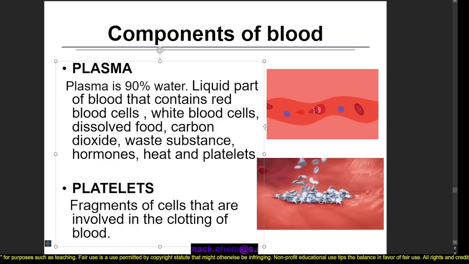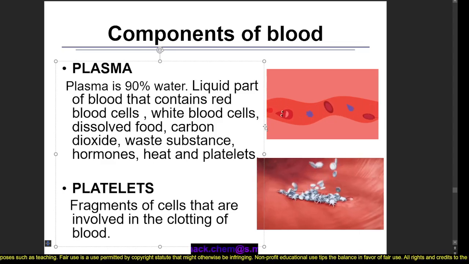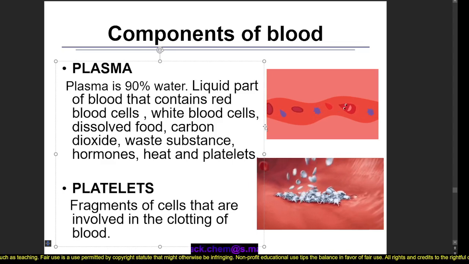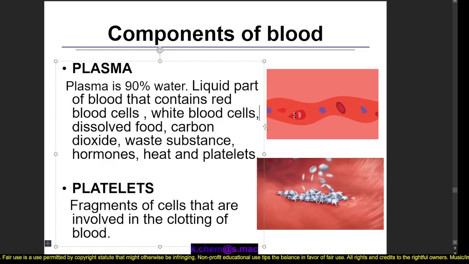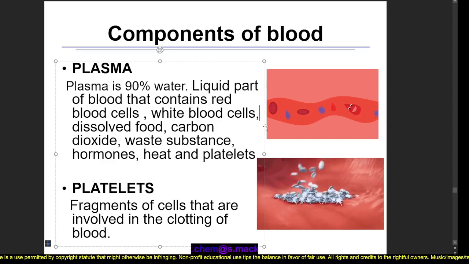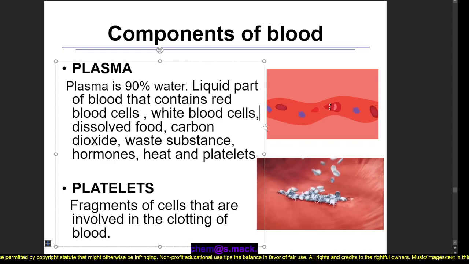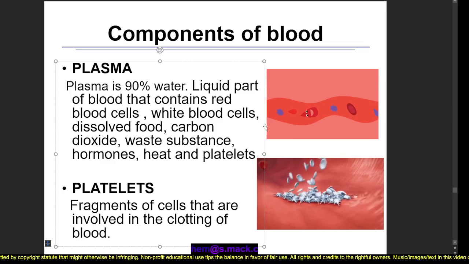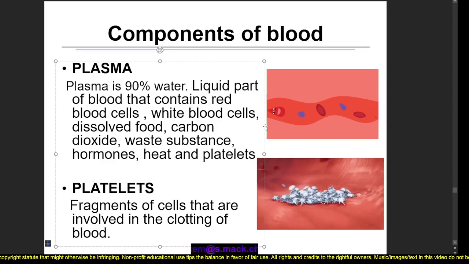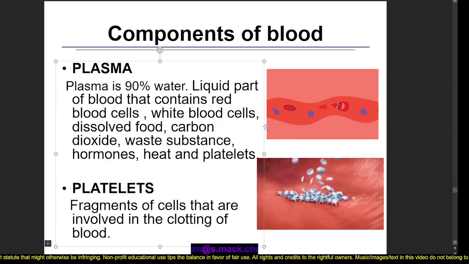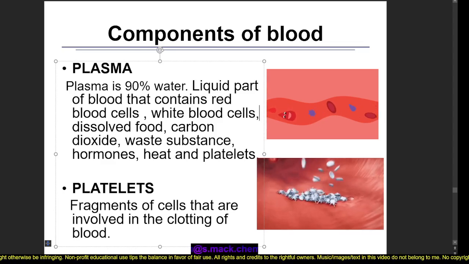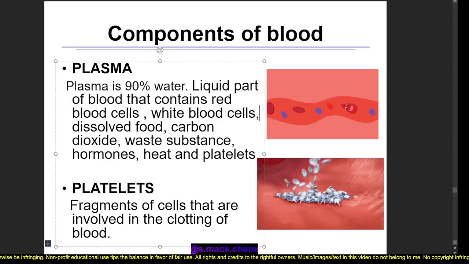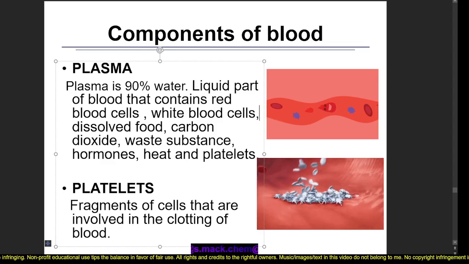Now, if you're asked what is the color of blood, people would usually say red, and this is because of red blood cells. But plasma is the major component of blood. It's that liquid part, and it actually tends to have a straw color or a very light yellow color. Right? It holds the other components found in blood, such as platelets.